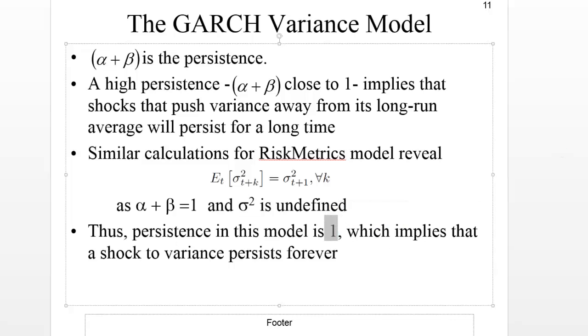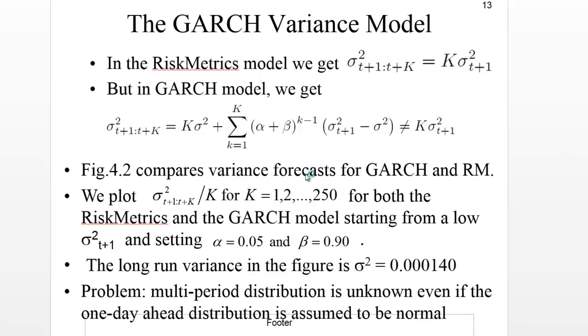So then if we compare the two long run variances, the first line gives us the long run variance for the RiskMetrics model, so it's basically the variance today multiplied by k, being k the number of days, and then this one would be the variance under GARCH. And you see that the two long run variances are different.